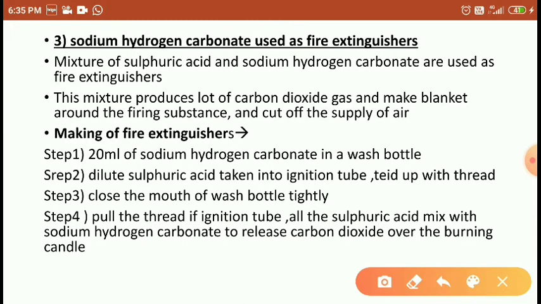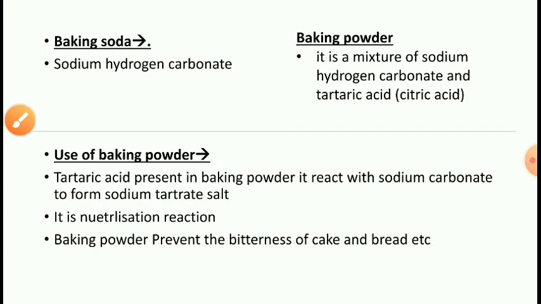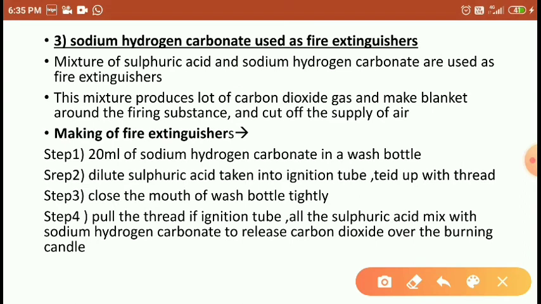So sodium hydrogen carbonate is used in fire extinguishers. Third use: a mixture of sulfuric acid and sodium hydrogen carbonate is used as a fire extinguisher.